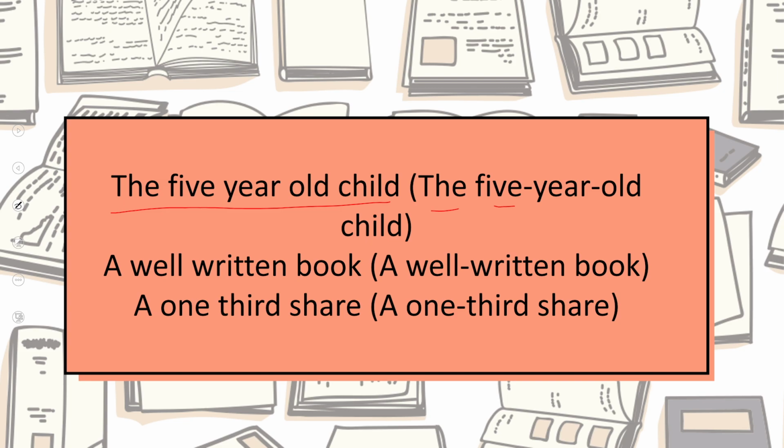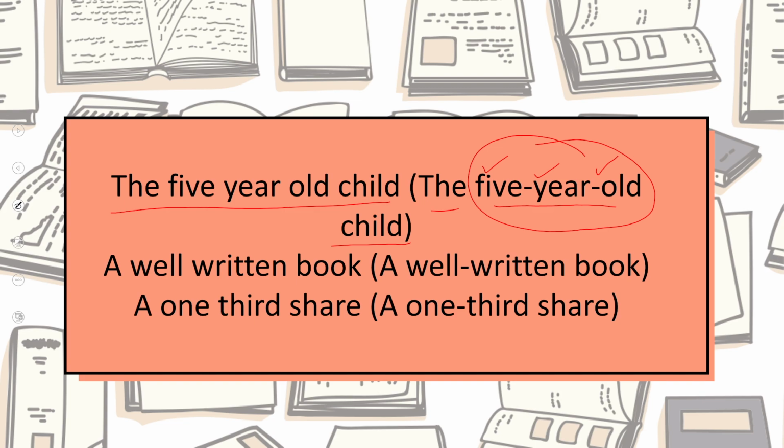The 5-year-old child. 5-year-old can be treated as our adjective because we are explaining the number, the age, and we are also mentioning the year, and old, which is a quality of the child, our noun or subject. So instead of writing 5 year old child without any hyphen, if you write it with hyphens, then this will be very much clear that the child is 5-year-old.